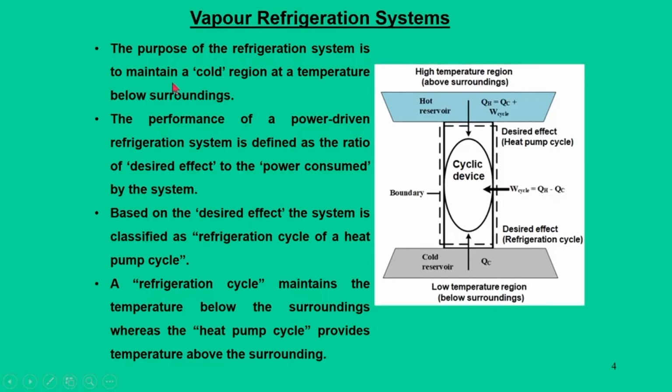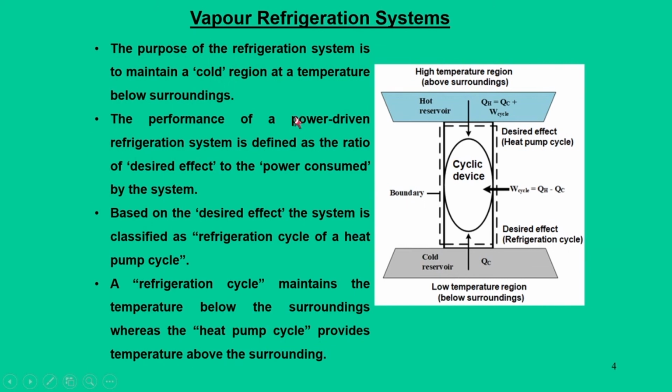Just to give some introductory remarks, the purpose of a refrigeration system is to maintain a cold region at a temperature below the surroundings. In our day to day life, we all have refrigerators and air conditioning units in our house, and these refrigerating systems require electric power as input.